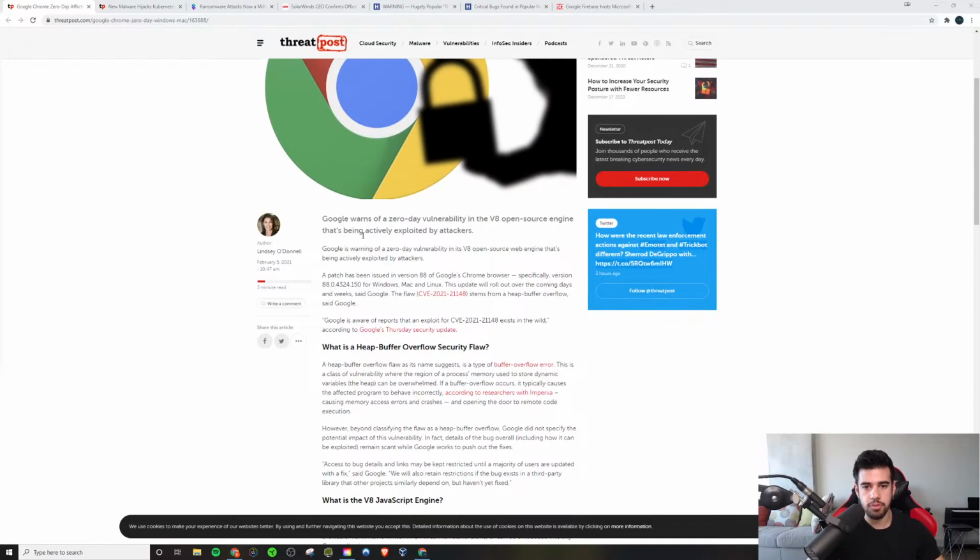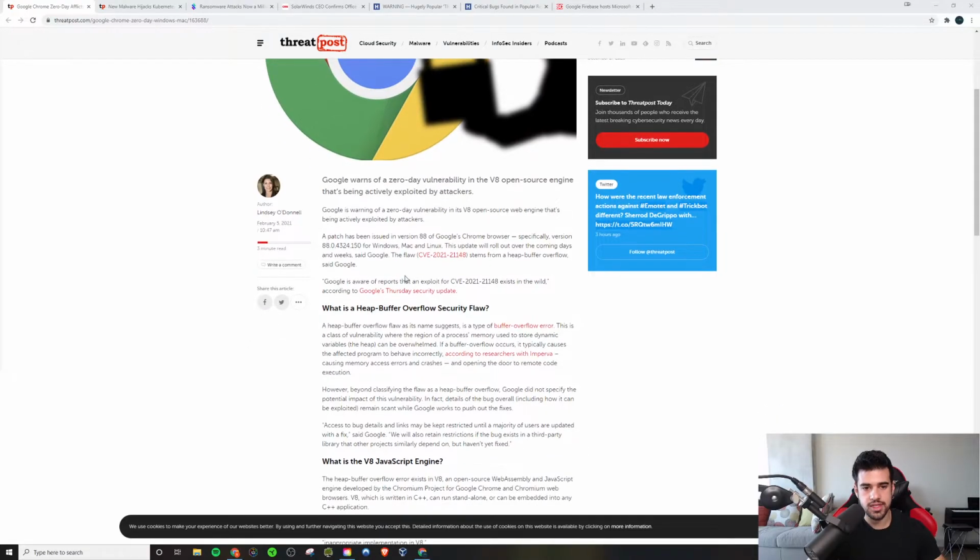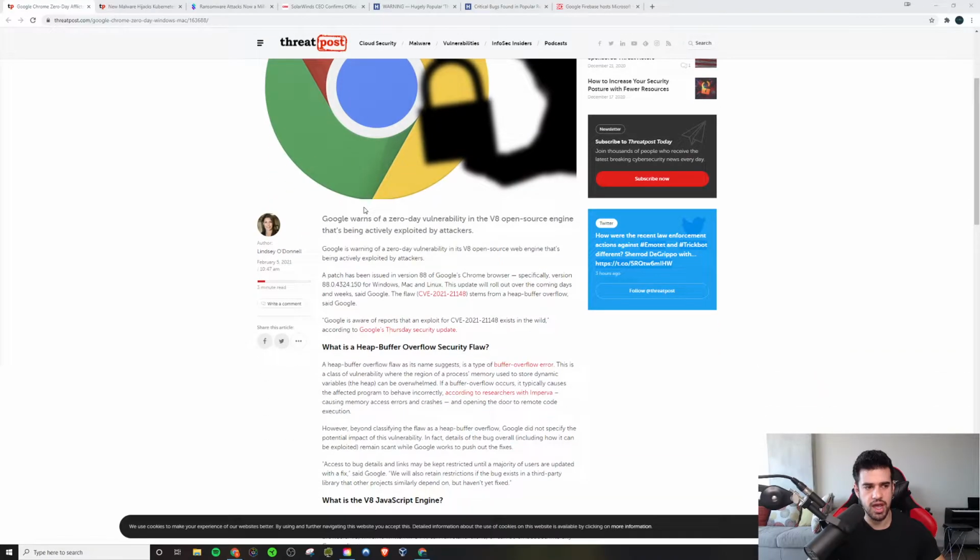Now, if you're not familiar, Google Chrome is actually built off of an open source engine known as the V8 engine. And essentially what was discovered is there's a 0-day, and historically there's been quite a bit of security flaws discovered with Google Chrome's V8 engine because, if I'm not mistaken, it is written in C++, and that requires a lot of very careful programming on behalf of the developers.